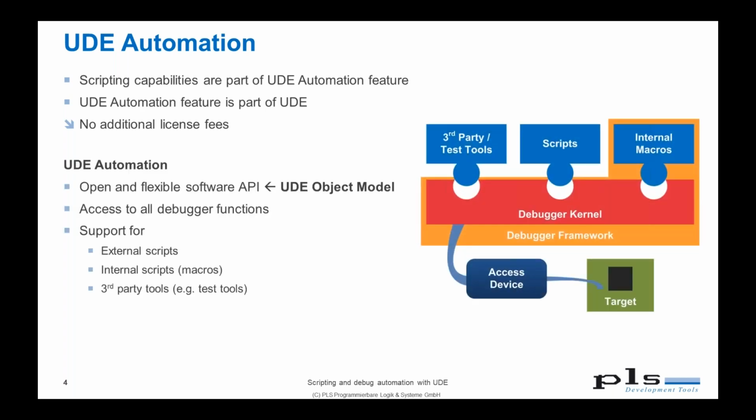So what is the UDE automation? The UDE automation consists of a software API. We call it the UDE Object Model, which is open and flexible. Open means everyone can use it, and flexible means you have access to almost all the debug and trace features provided by the UDE debugger software.